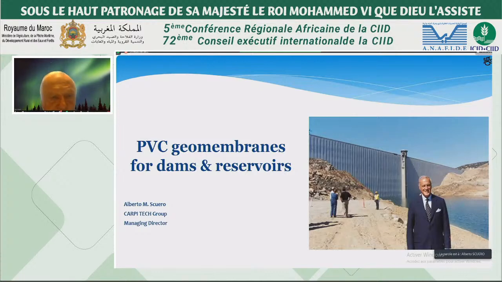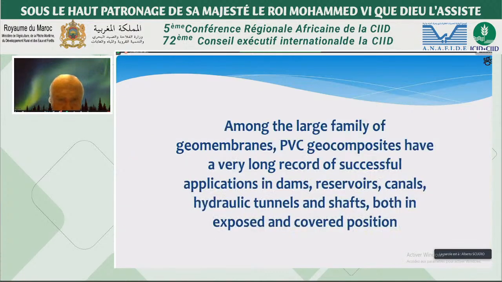The title of my presentation is PVC geomembranes for dams and reservoirs. Among the large family of geomembranes, PVC geocomposite has a very long record of successful application in dams, reservoirs, canals, hydraulic tunnels, and shafts, both in exposed and covered position.